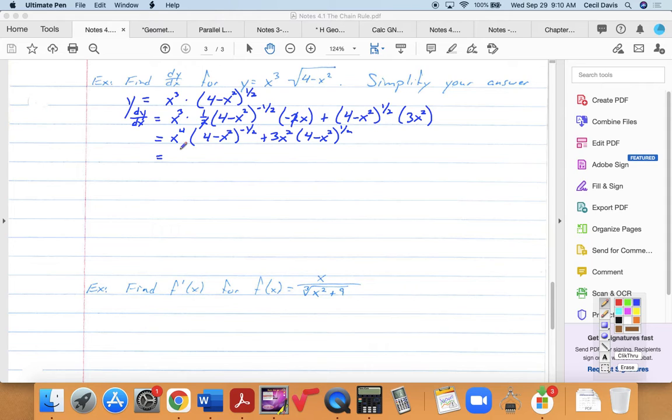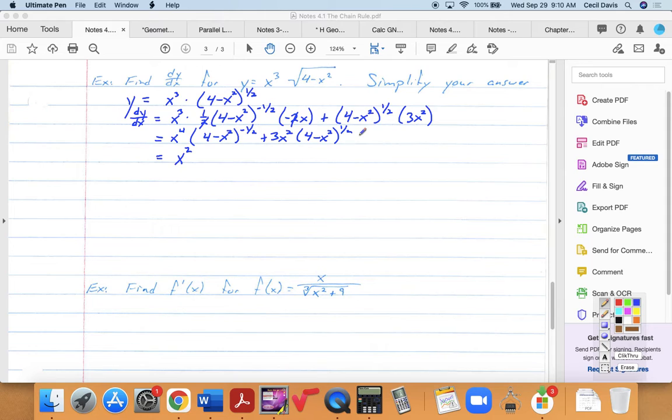Notice for both of these, I can factor out an x squared. And you may notice that I have these two expressions, the 4 minus x squared to the negative 1/2 and the 4 minus x squared to the positive 1/2.